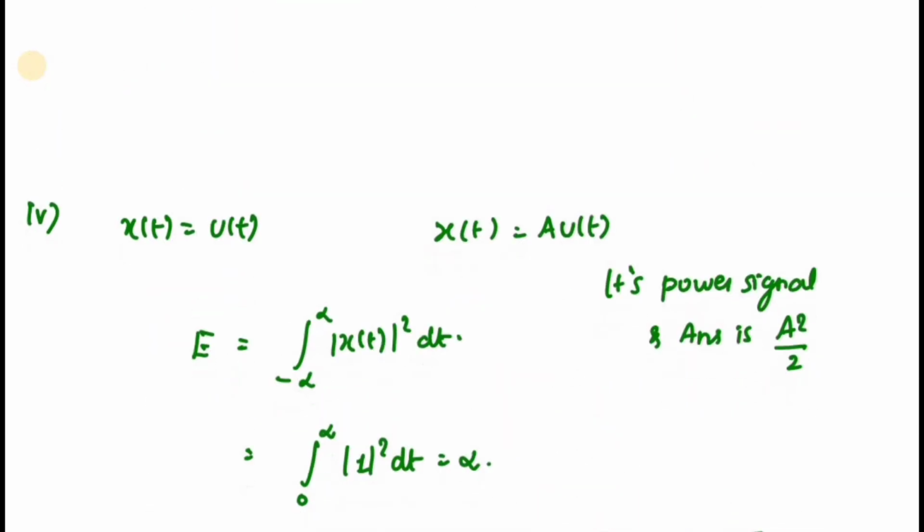So next is my fifth problem, right? It is my fifth problem. x of t is equal to cos t. So it is nothing but a power signal. The formula for this one is, suppose the question is a cos of t, you will get the power value equal to a square divided by 2.